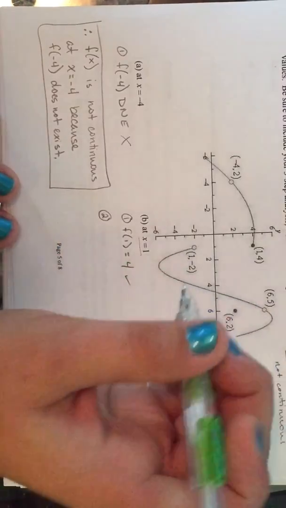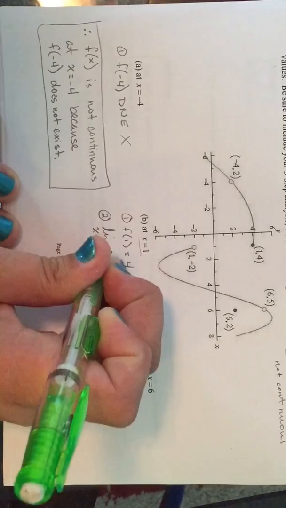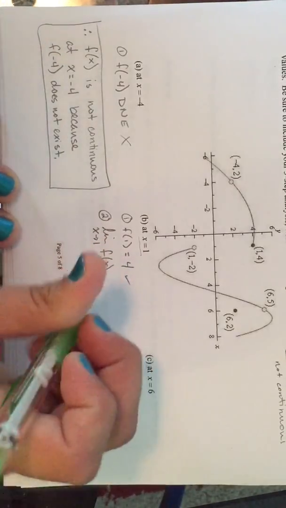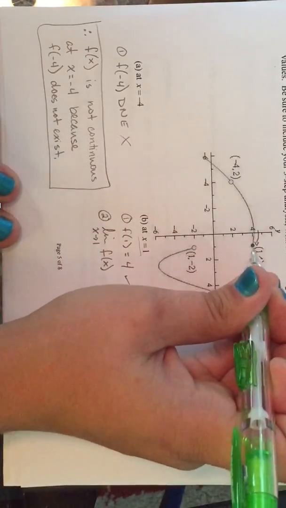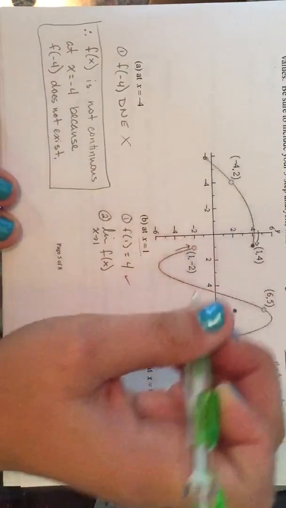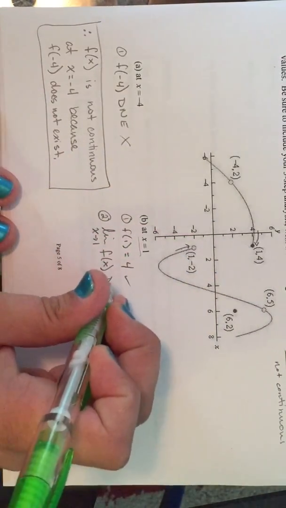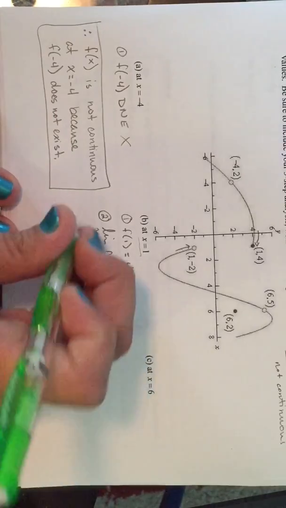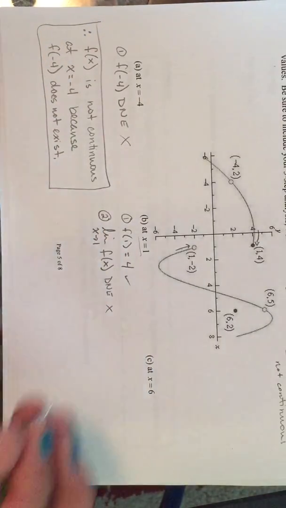Part 2 says that the limit as x goes to 1 of the function should exist. Well, let's look at the limit. As we go in from the left, the limit is 4. As we go in from the right, the limit is -2. So since they go to 2 different things, this limit does not exist. So that's your statement and you're done because you've already reached one of the 3 statements that doesn't work.